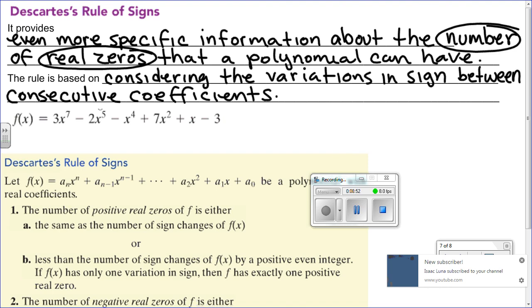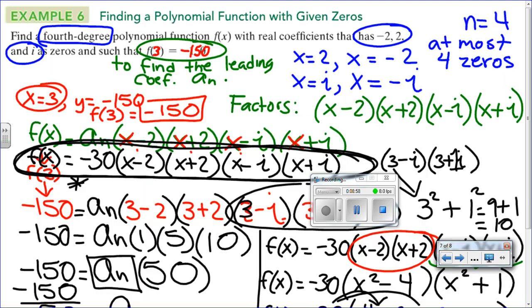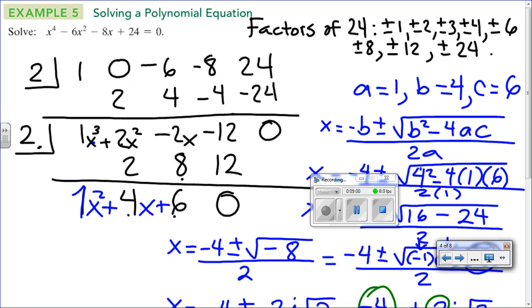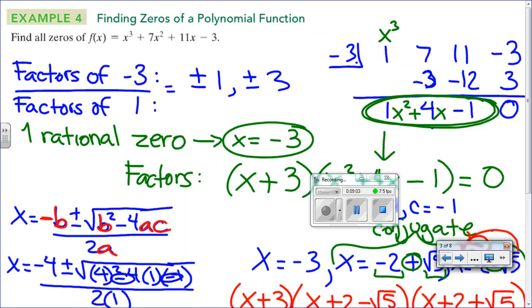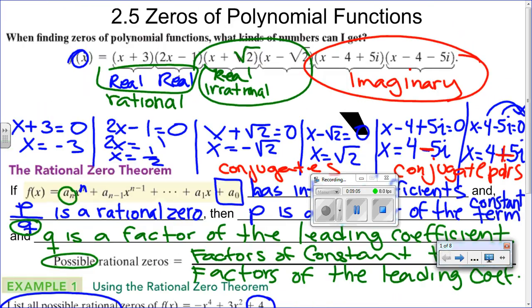And so if you combine this one with the rational zero theorem, which tells you a lot of possibilities, how many positives, how many negatives you have, the one that we had at the beginning. Oops, right here.